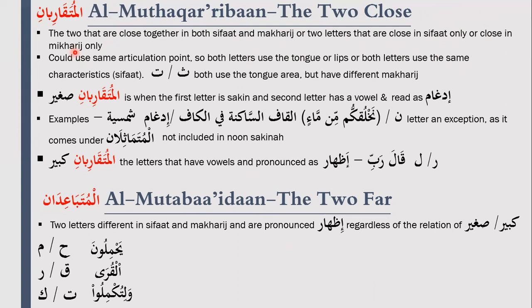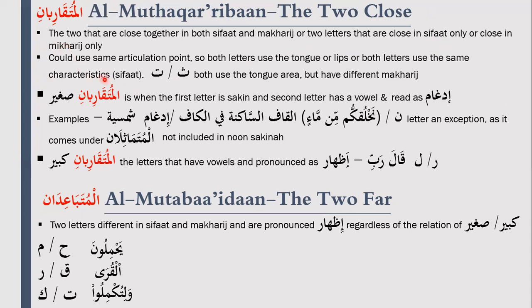So there are three conditions. The first is they both share characteristic and articulation. The second is they only share the characteristics and not the articulation point. And the third is they share only the articulation point and not the actual characteristics.